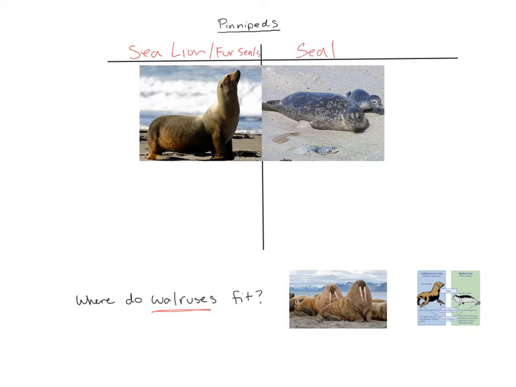Well, and how can I tell? Well, there's a couple of things which are different. So one is this sea lion, you can see it has an external ear. It's just a little flappy thing, but the seals have no external ear. And also, you can't see it, but this has external testes.